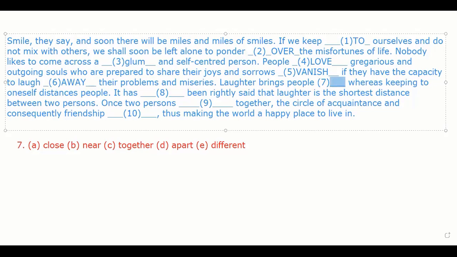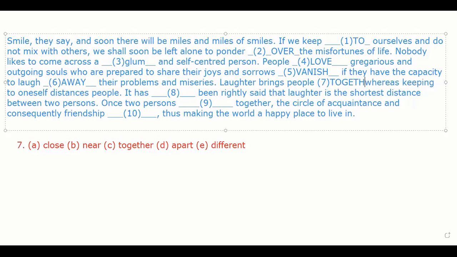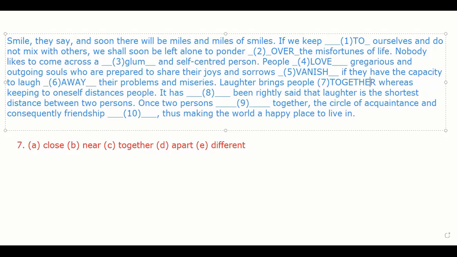Because when they laugh, they will be together, and I'm not getting how to explain. No, try, this is a good opportunity to express yourself. You are doing very good, keep explaining.